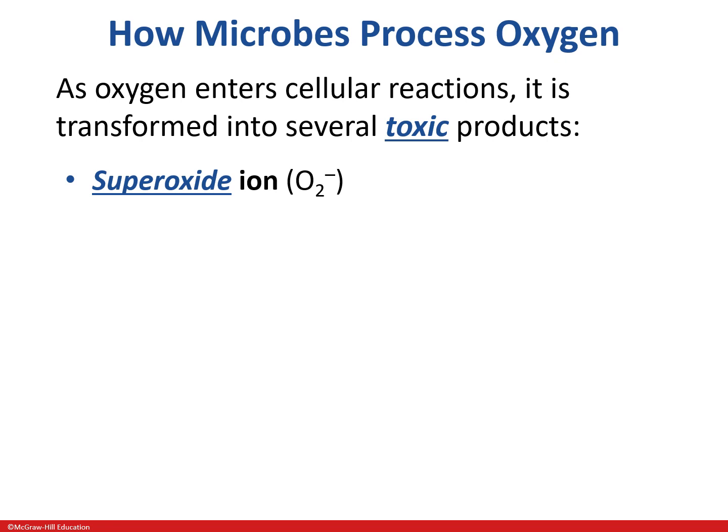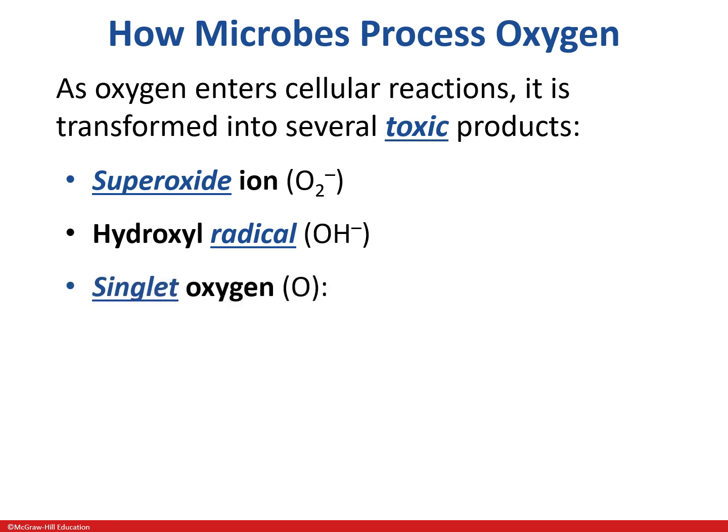This is not the usual condition for oxygen. It should be just O2. You can have a hydroxyl radical where that oxygen and one hydrogen has retained an additional electron. Or you can have what's called singlet oxygen, which is, again, just on its own without any charge.